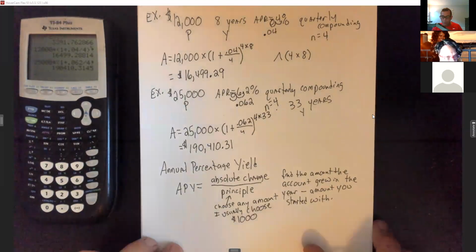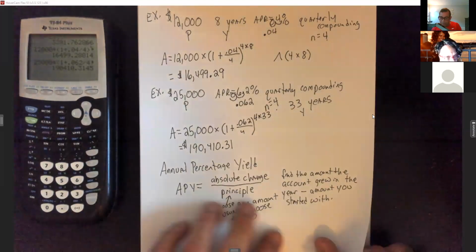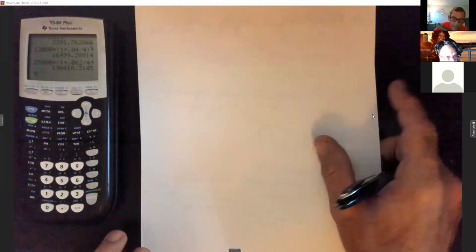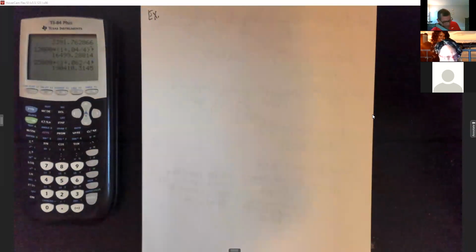Okay, y'all, so let me go do a few problems doing the annual percentage yield. And now really, when I'm finding that absolute change, I'm going to still be using my compound interest formula, okay, just to let you know.